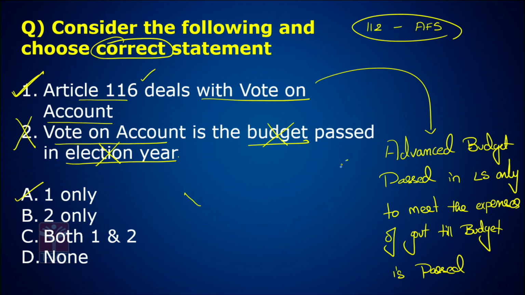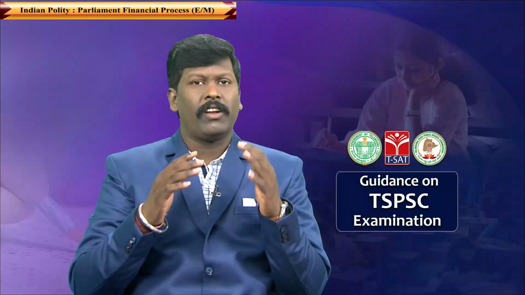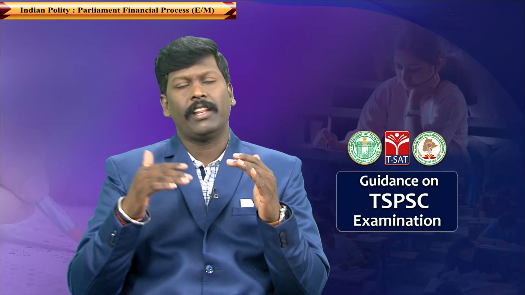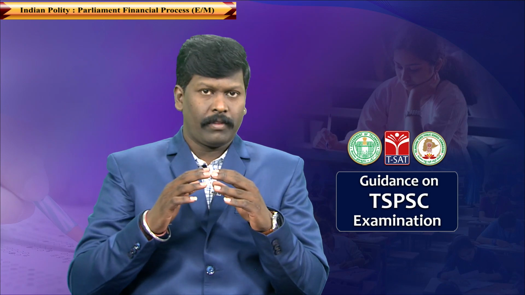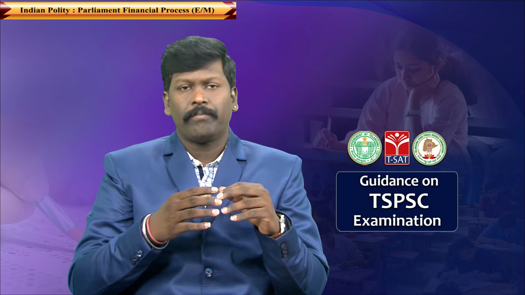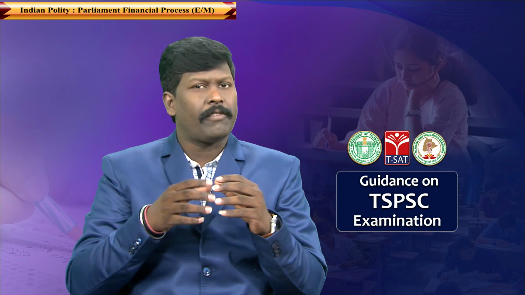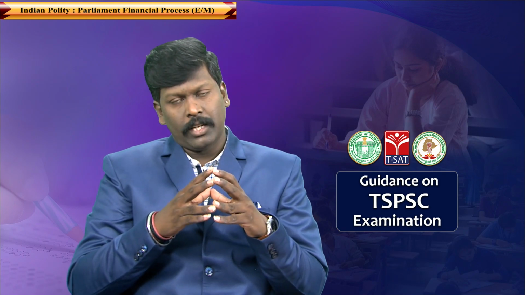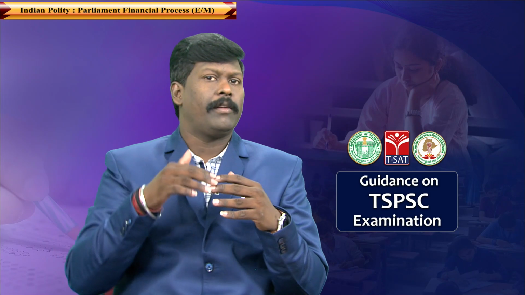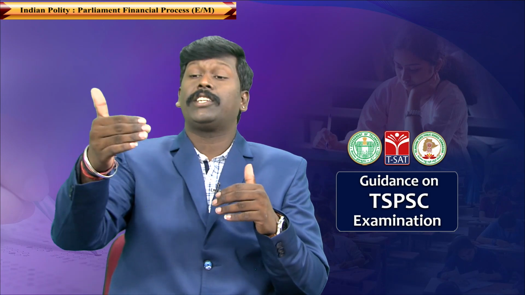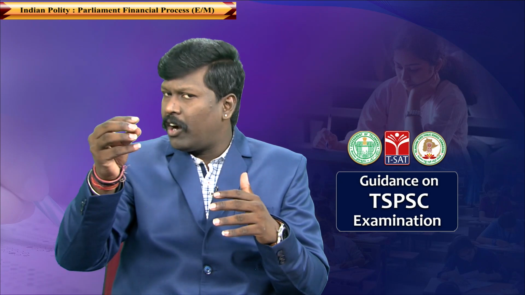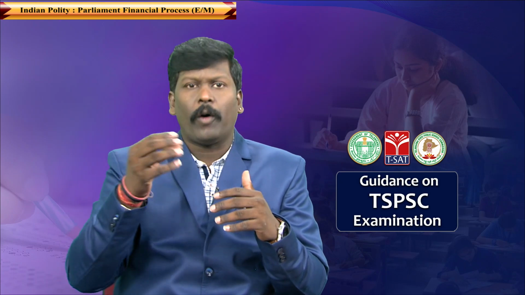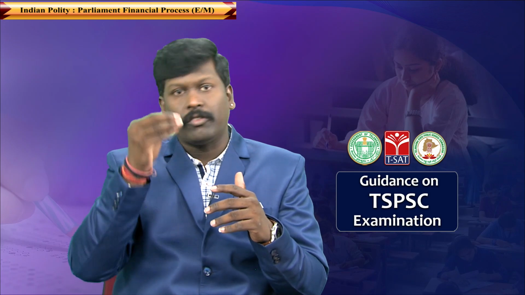Look at this, friends. Whenever the annual financial statement is initiated in the Parliament, the government tends to lose its capacity to withdraw amounts from the Consolidated Fund of India. Till the budget comes into force in a full-fledged manner, the government cannot appropriate amounts from the Consolidated Fund of India.